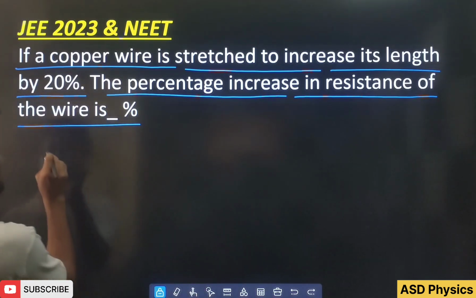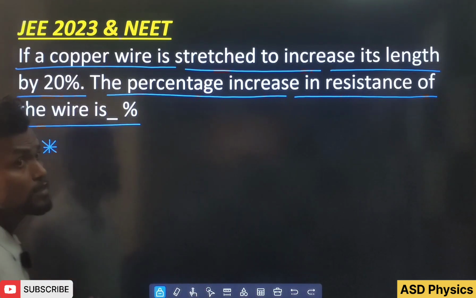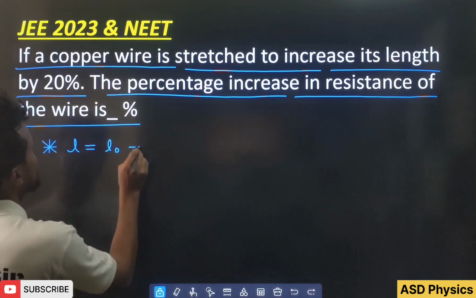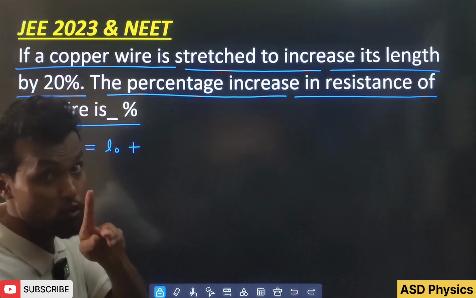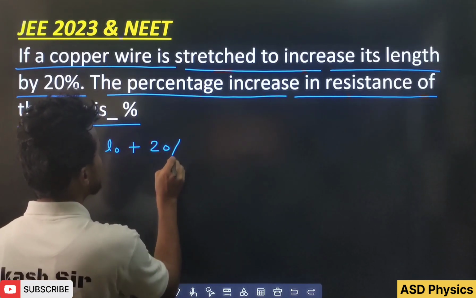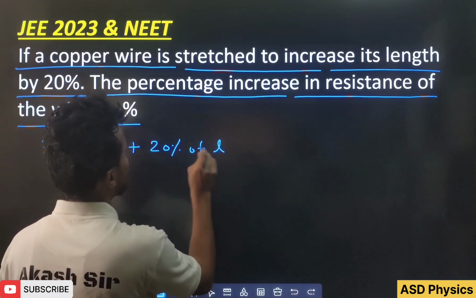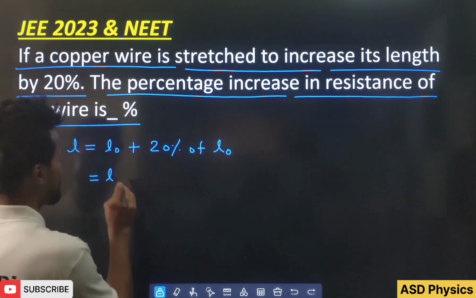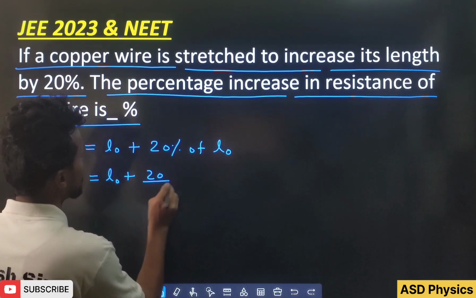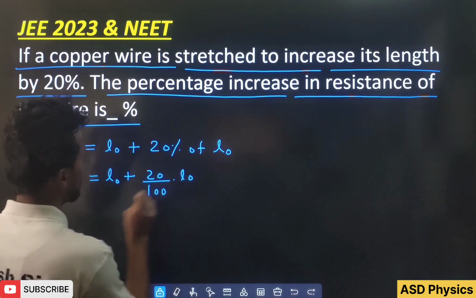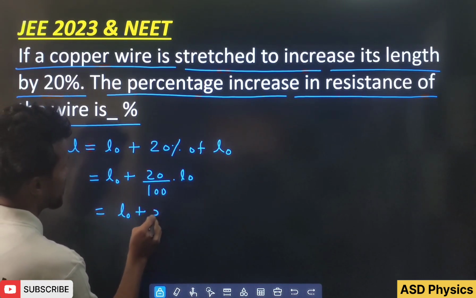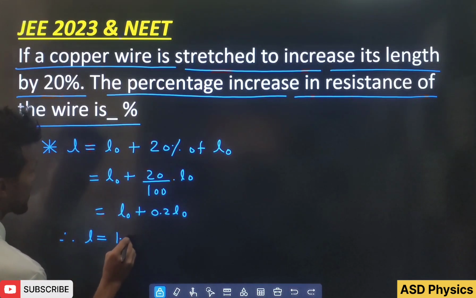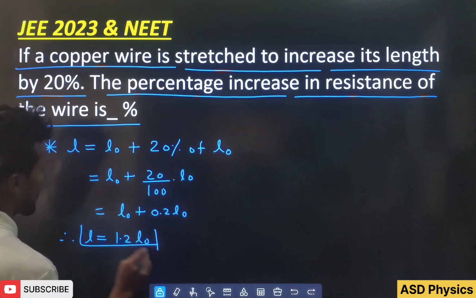Here they are talking in terms of percentage. The new length is the original length plus 20% of L naught, so L naught plus 20 by 100 into L naught, that is L naught plus 0.2 L naught. Hence this L is 1.2 L naught.